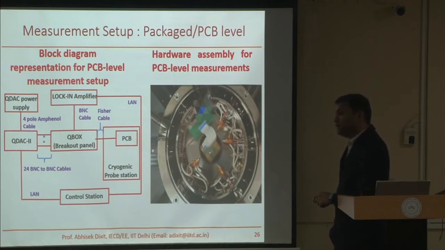The chip is wire bonded to this PCB. Those 48 connections travel through this connector to a larger PCB, which we call the adapter PCB, and then this PCB, through a wire loom, connects to the Fischer cable here.